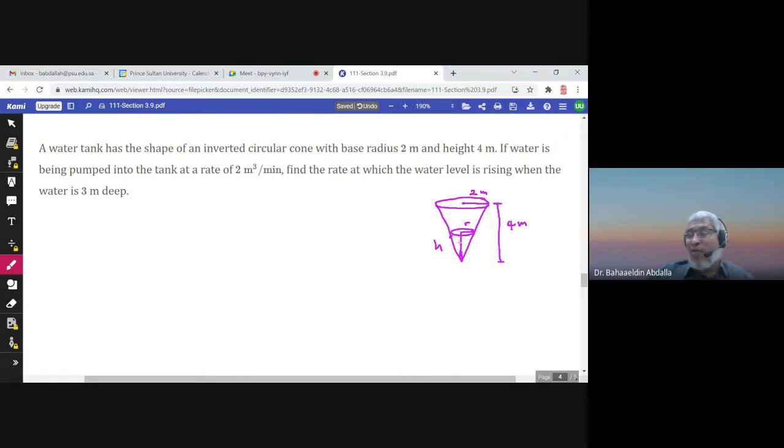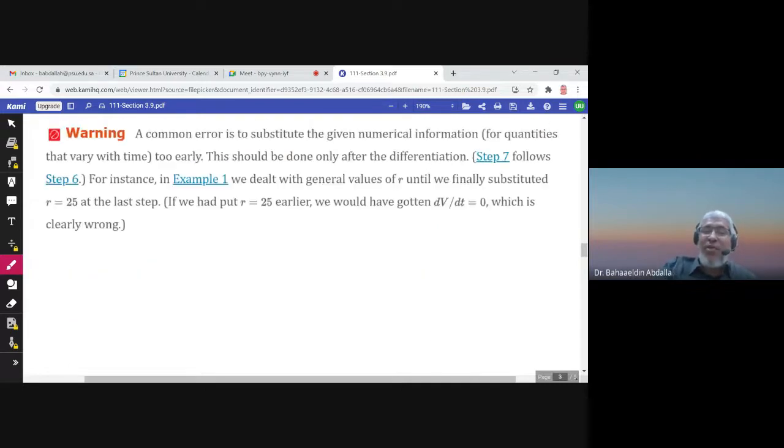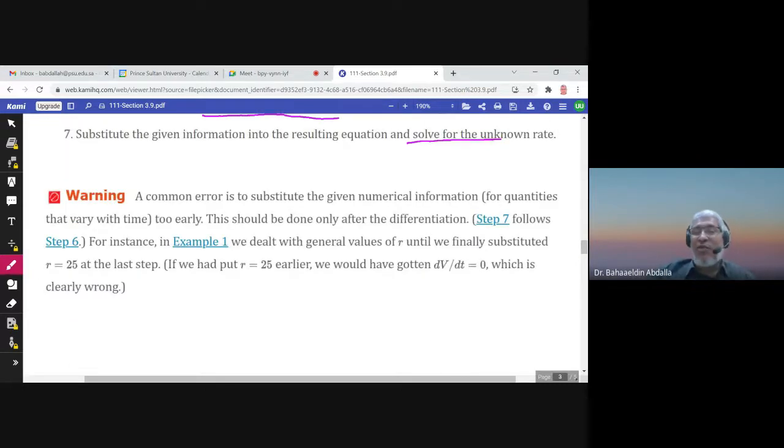And the volume of the water is changing with respect to time. These are the quantities that are changing, and these are the quantities that are fixed. Here in the warning, he said you have to understand in the question which quantities are fixed and which quantities are changing.